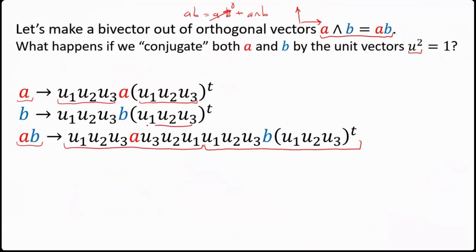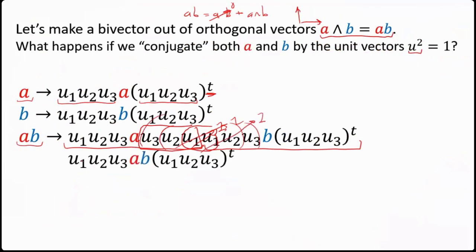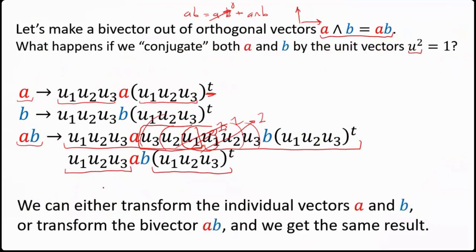You can see I've reversed the order here because I did a reversion. Basically the U's cancel to 1, and then the U2's cancel to 1, and then the U3's cancel to 1 because they're all unit vectors. And I end up with just conjugating AB. I don't know why I put this slide in here, honestly.